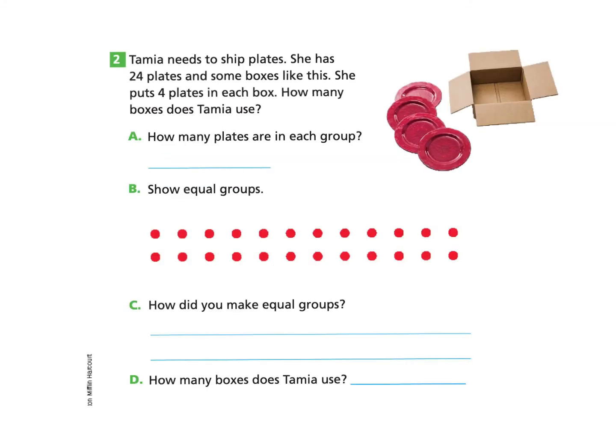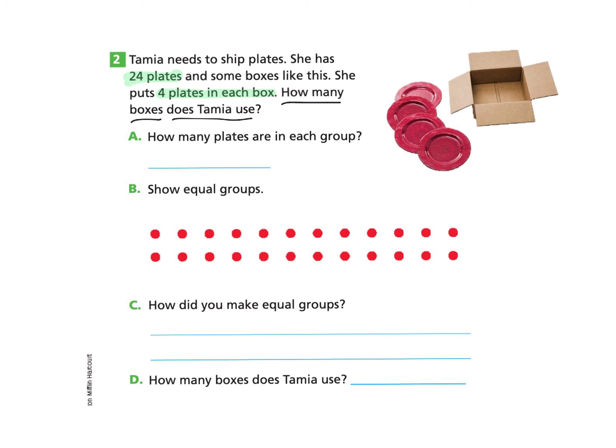Please turn to the next page, page 149, and let's look at part 2. Tamia needs to ship plates. She has 24 plates and some boxes like this. She puts 4 plates in each box. And then the question they're wanting us to find out is, how many boxes does Tamia use?